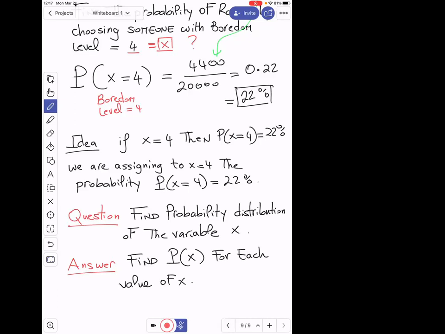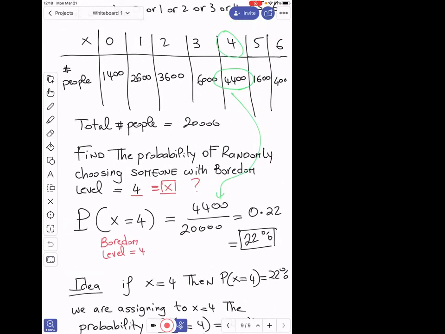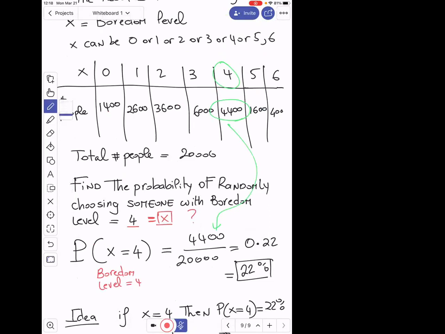Here we computed the probability that x is 4, for boredom level 4. We need to do exactly the same thing for x equal to 0, all the values of x, right? The variable x can be 0, can be equal to 1, can be equal to 2, etc. So we need to compute the probability of x for each value of x.